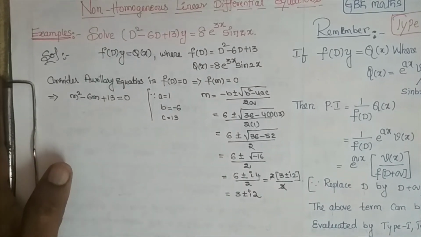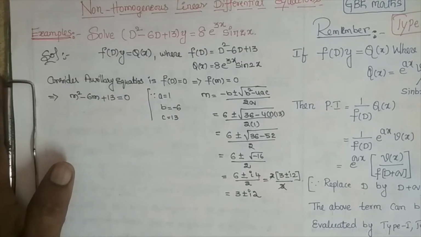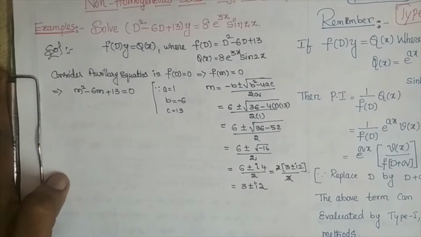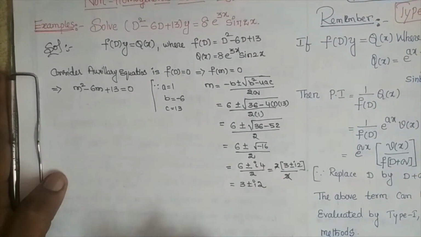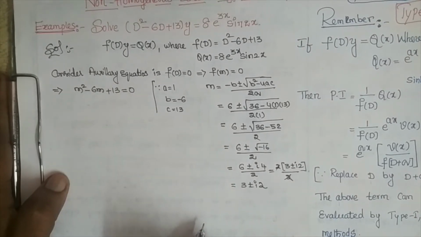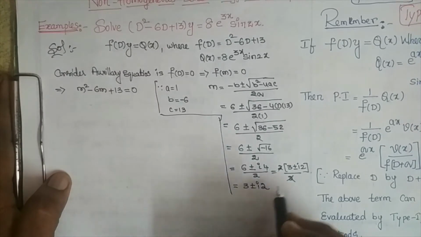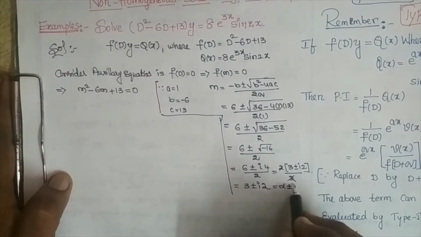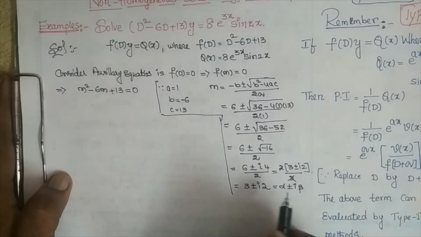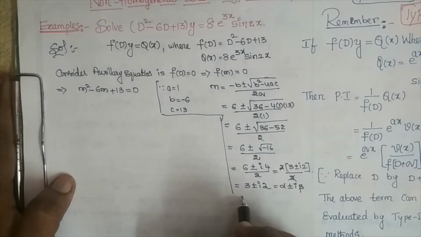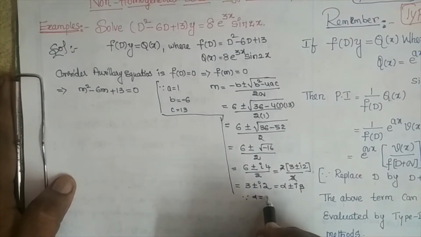These are the roots: 3 plus 2i and 3 minus 2i. So these are complex roots. We already discussed how to write complex roots: alpha plus or minus i beta. Therefore alpha is equal to 3, beta is equal to 2.